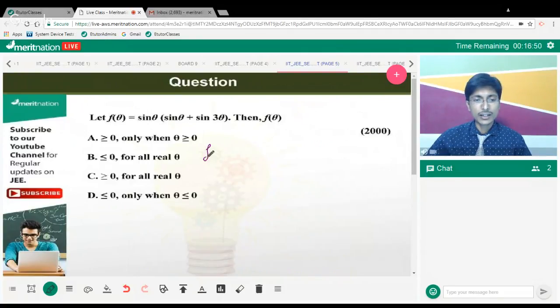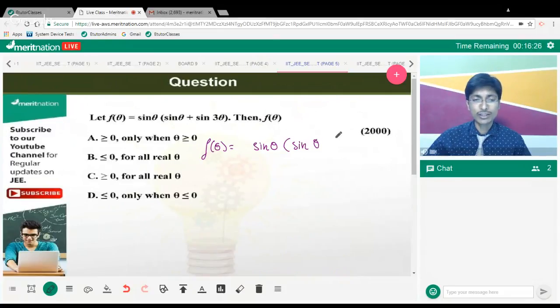So f theta I can write sine theta, and sine 3 theta is equals to 3 sine theta minus 4 sine cube theta.